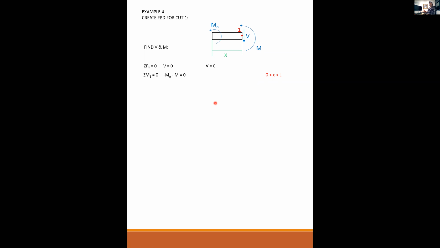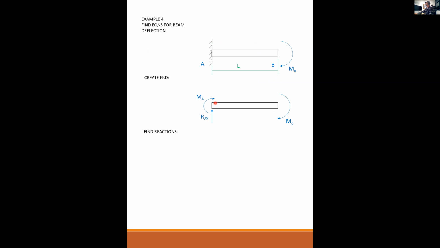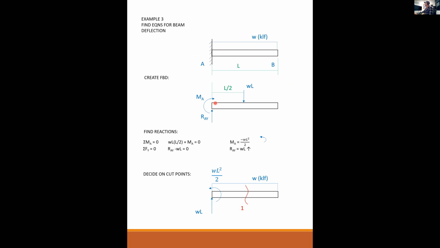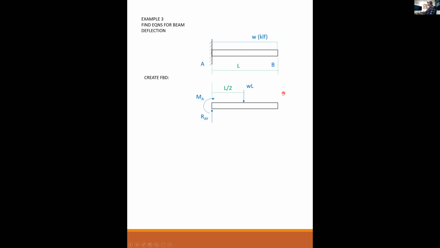The other way to do it, there's a different way to do this. Let's see here. Okay, so example 3 is a uniform load on a beam. This could be the self weight, this could be added weight, anything you want it to be.